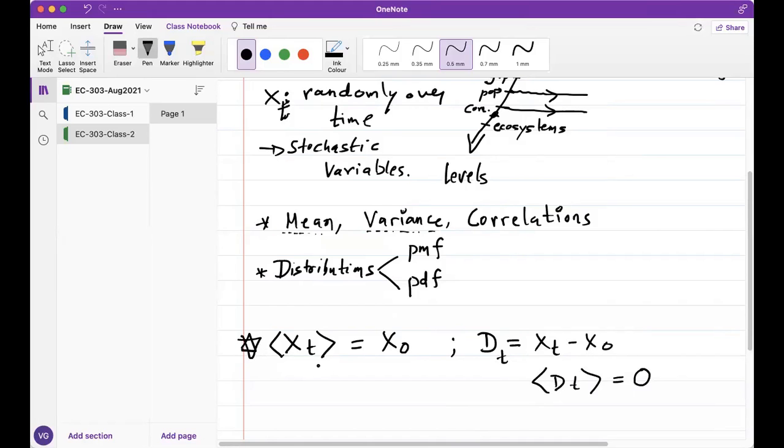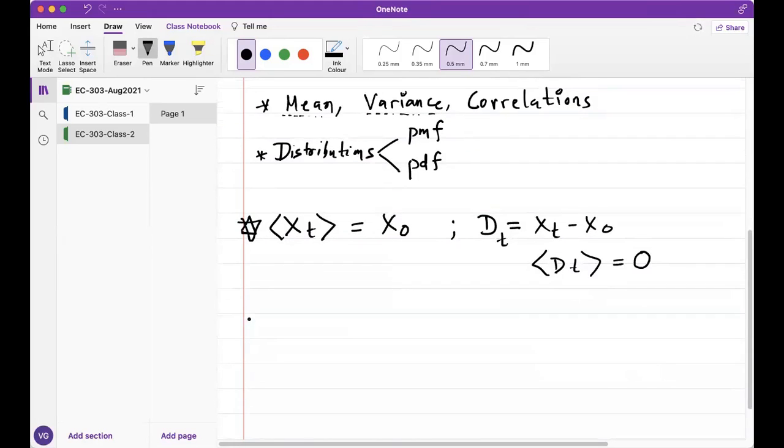Now, what was the property of the random variable xt in terms of the fluctuations, or broadly variance? We calculated something called mean square displacement. What was that? That was xt minus x0 whole square, right?